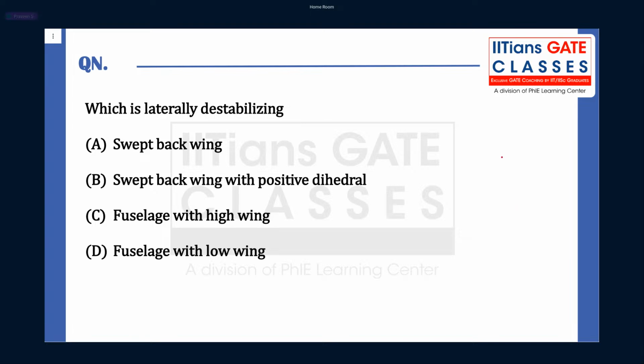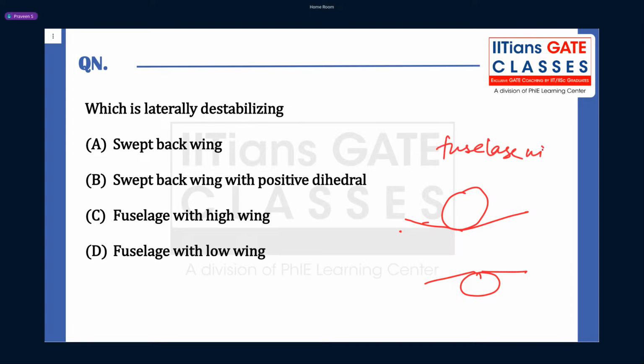If you recall the basics, if I consider this as the fuselage and the low wing and a high wing, we saw that a fuselage without dihedral wings was found to provide a destabilizing effect.